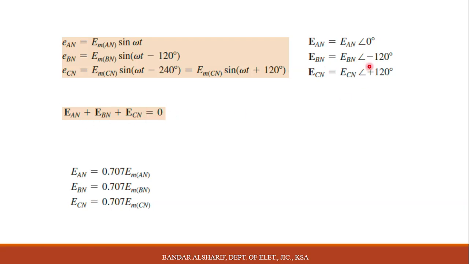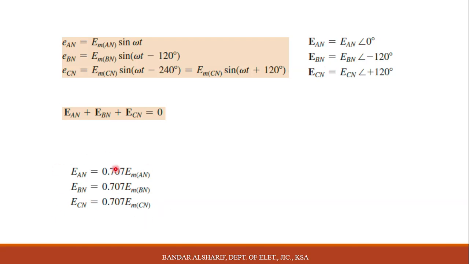I don't mean the magnitudes. You will add the phasor forms, the magnitude with the angle, the magnitude with the angle, the magnitude with the angle. You can try any example later, you will find the summation of the three phases gives 0. Don't forget about peak value and RMS.